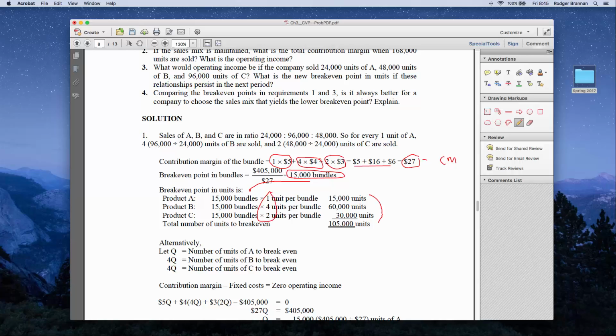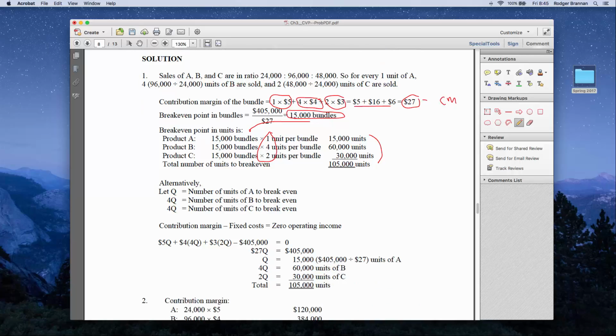I end up with 15,000 of A, 60,000 of B, and 30,000 of C. And if I want to know what the total contribution margin is, now I can take the 15,000 times 5, the 60,000 times 4, and the 30,000 times 3, and figure out what the total contribution margin would be at that point.